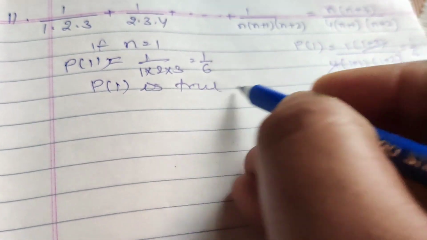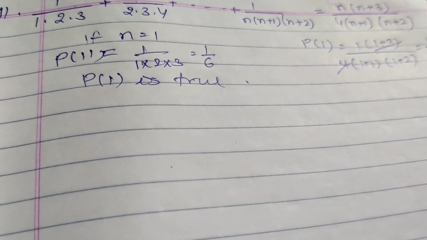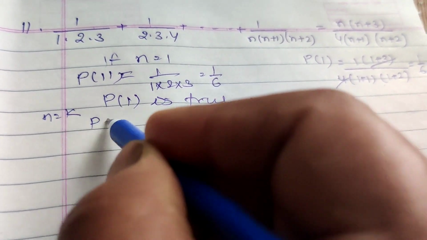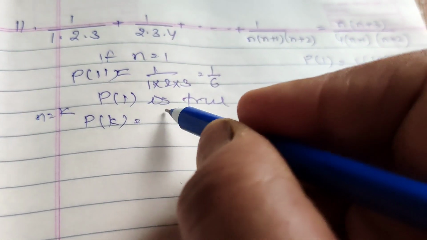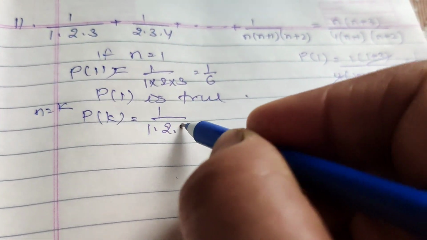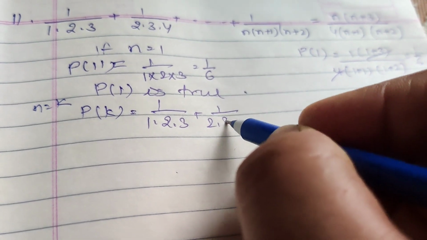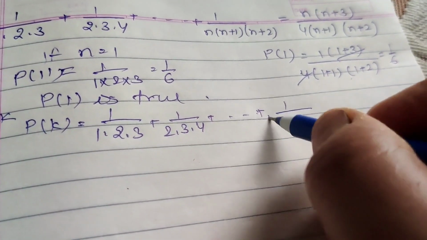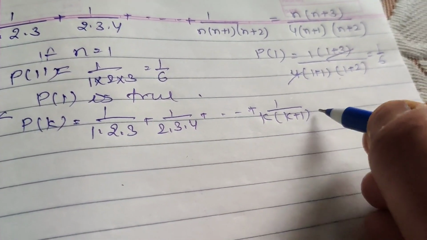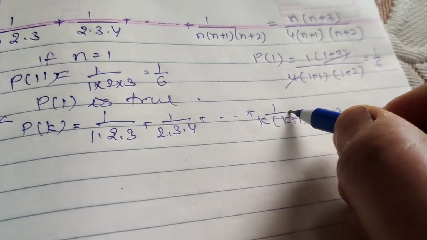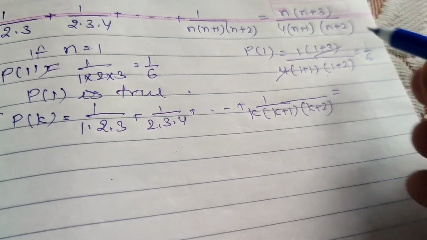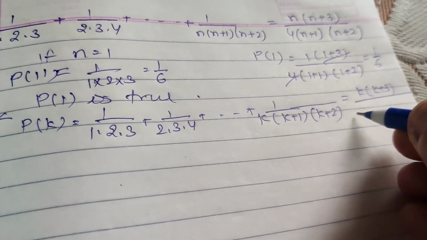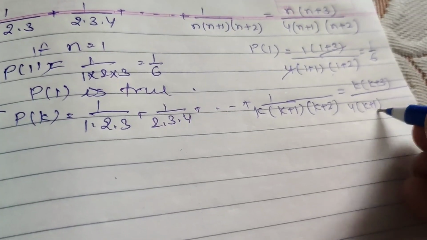P1 is true means that for the first element it is true. Now take n equal to k. The induction hypothesis Pk is 1 upon 1, 2, 3 and so on; the series remains the same, just replace n with k, up to 1 upon k into (k plus 1) into (k plus 2), equal to k into (k plus 3) by 4 into (k plus 1) into (k plus 2).